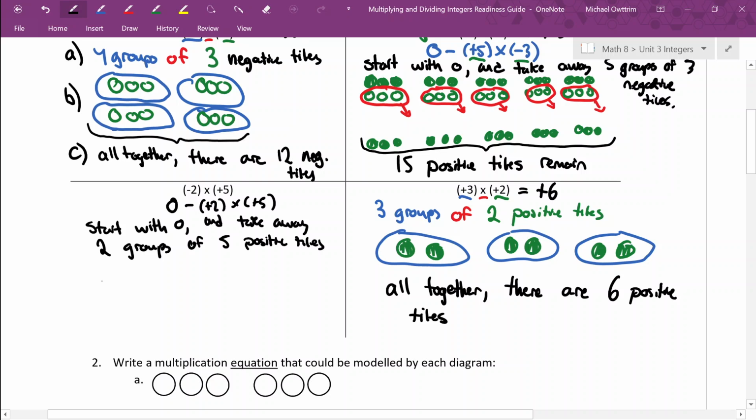And so we're going to start by drawing 2 groups of 5 0 pairs. 1, 2, 3, 4, 5 0 pairs is one group. 1, 2, 3, 4, 5 0 pairs is the second group. So that's our 0 so far. We need to take away from that 2 groups of 5 positives. So take those ones away. It's one group. Second group, we'd be left with 10 negatives.